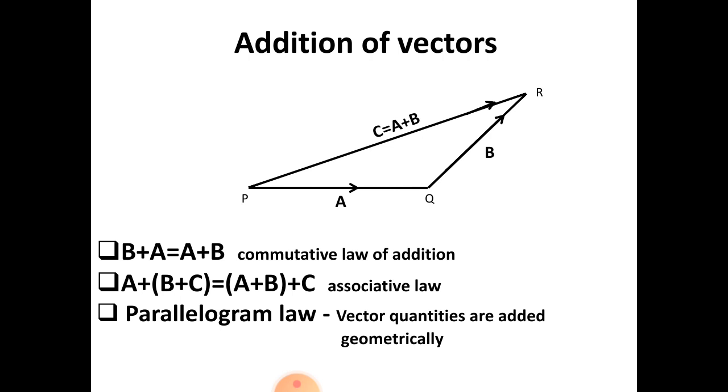If two vectors from a point are represented by adjacent sides of a parallelogram, then the resultant is given by the vector diagonal of the parallelogram passing through the point.